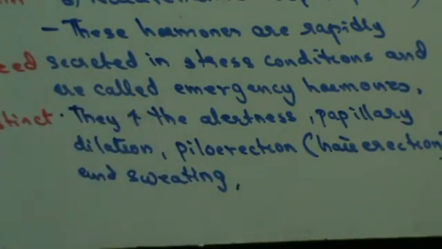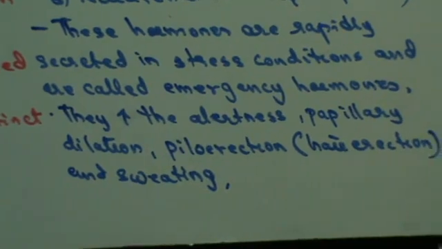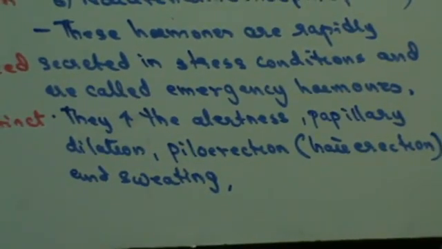That is the response of these hormones, which are generally active under stress conditions. These hormones also increase the heartbeat, strength of heart contraction, and rate of respiration. They also stimulate the breakdown of glycogen, lipids and proteins, thereby increasing blood glucose level.